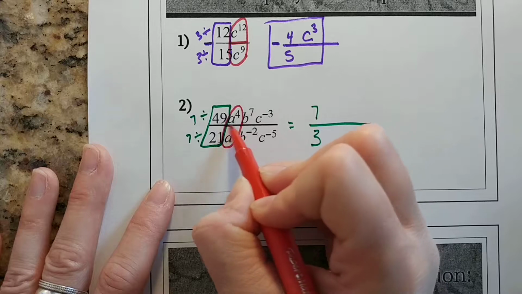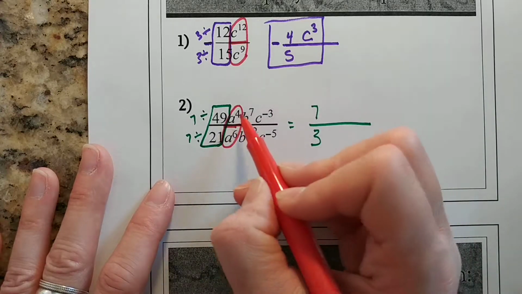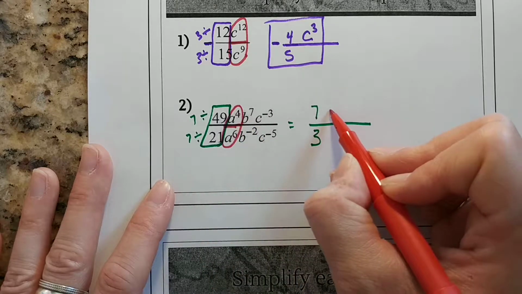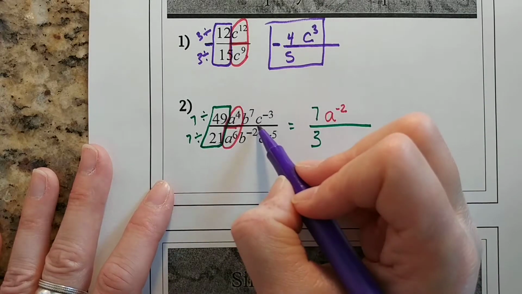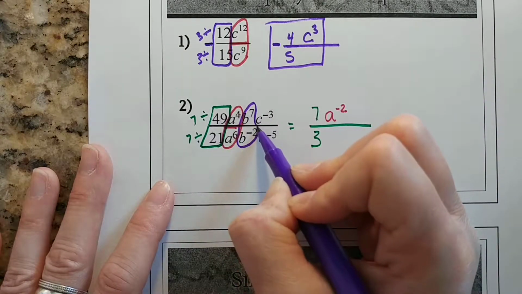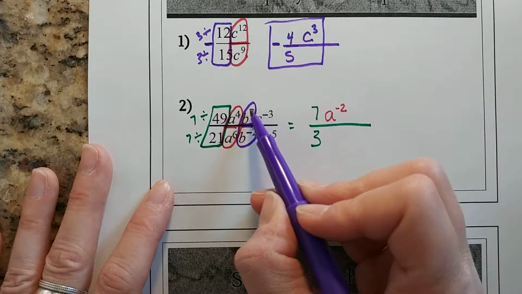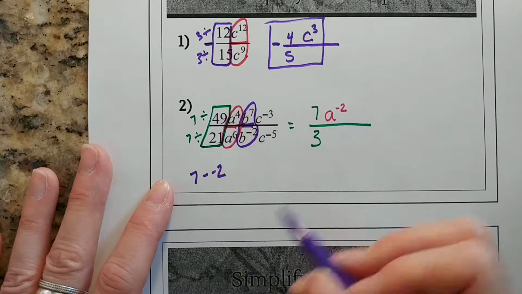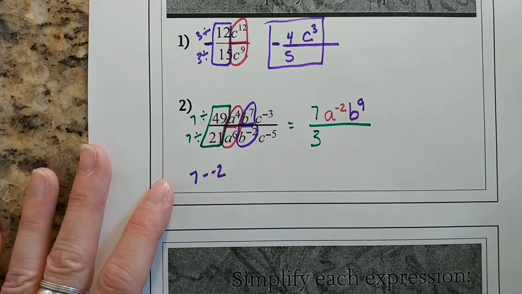The a's, I'm dividing powers with the same base, so subtract the exponents, top minus bottom. 4 minus 6 is negative 2, and the answer goes upstairs. Let's do b. Dividing, so I subtract the exponents. 7 subtract negative 2. Do you see how that's adding? You're right, I get b to the 9th, and the answer goes upstairs.